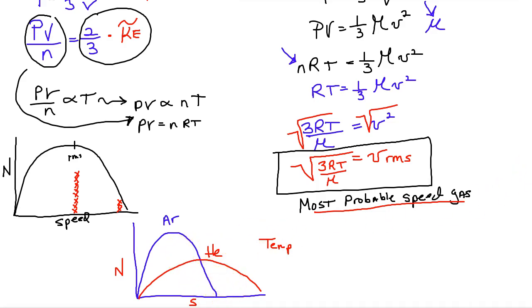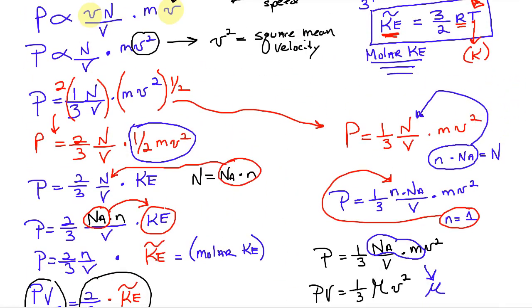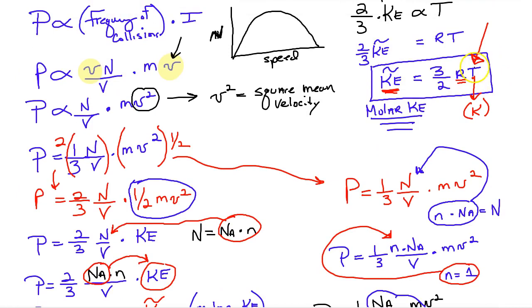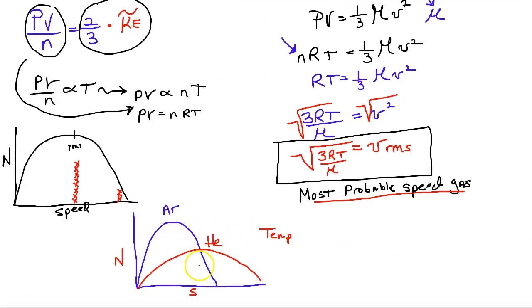What gives? We just found out that if you're at the same temperature, you must have the same kinetic energy. So we have two gases under the same what? Temperature. They should have the same kinetic energy. And what did I learn? Kinetic energy is equal to 1/2 mass times velocity squared, correct?